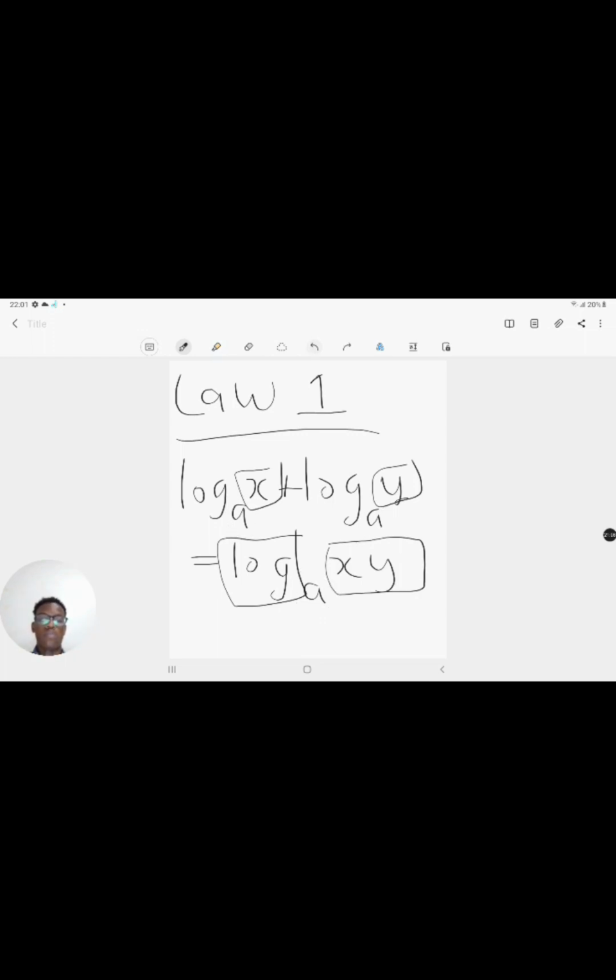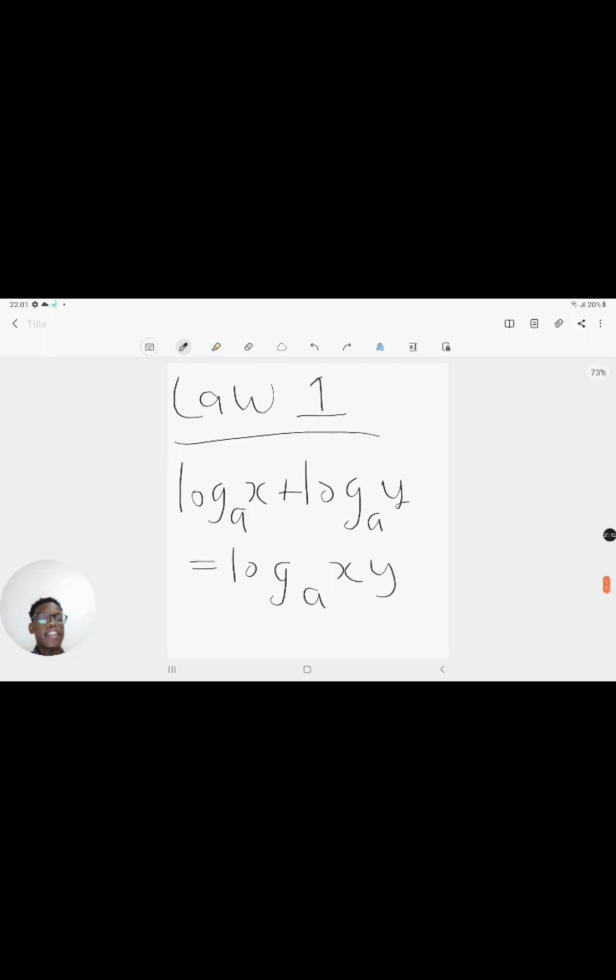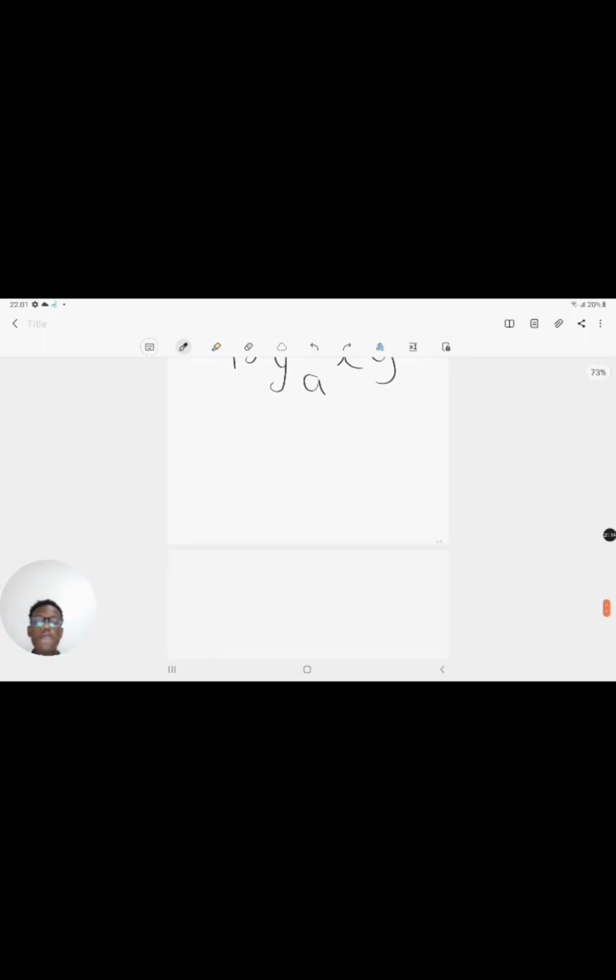Okay, so let's demonstrate that through an example. It's very easy to understand. Let's say you've got log base 2 of 2 plus log base 2 of 4.